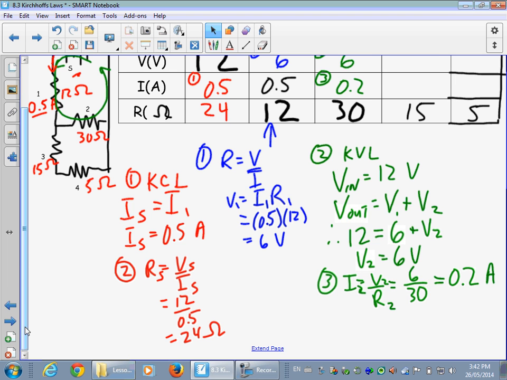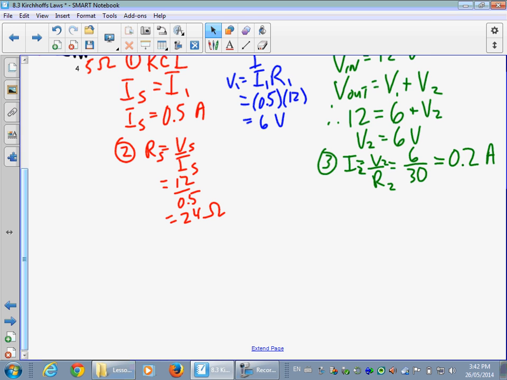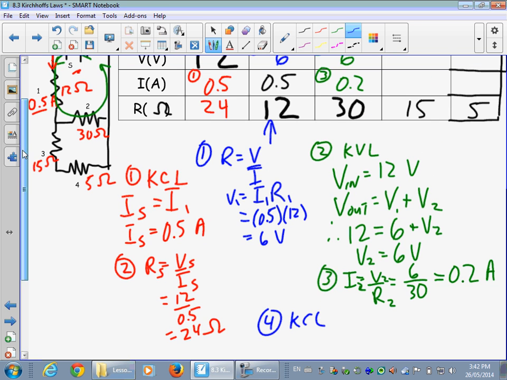Which brings us back to Kirchhoff's current law. We know that, going back up here, there is 0.5 amps coming into that junction. We just calculated that we had 0.2 amps coming out that way, so we have to have a certain amount coming out that way.